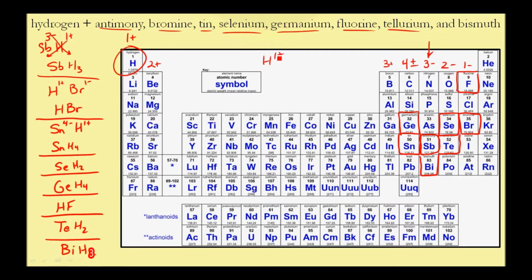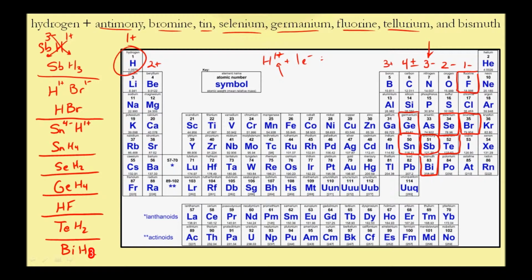So that means it wants 1 electron to fill its outer level valence. Because if we add an electron, we have a neutral hydrogen, no longer 1 plus, and its outer level valence is completely full.